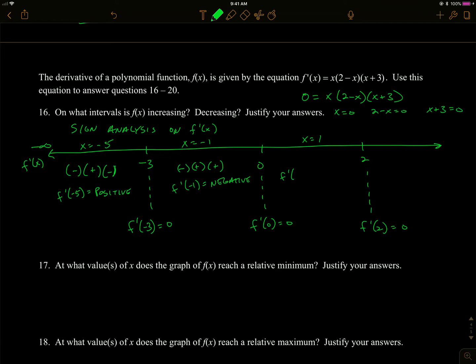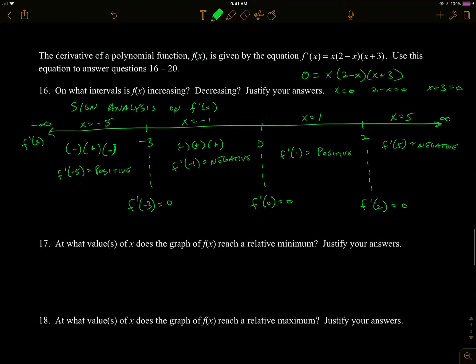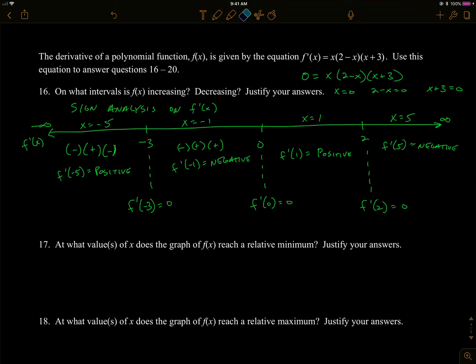So f prime of 1 is going to be positive, because I've got a positive times a positive times a positive. And then on this interval, from 2 to infinity, I'll choose x equals 5. So I know that f prime of 5 will turn out to be negative, because I've got a positive times a negative times a positive. So let me shorten this up a little bit because I need room to write.